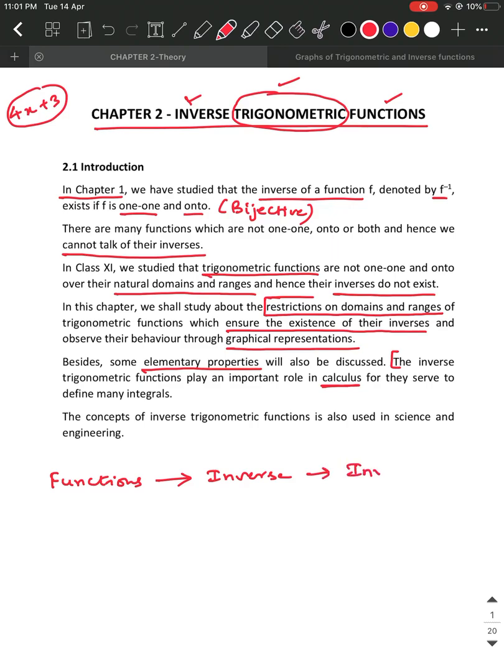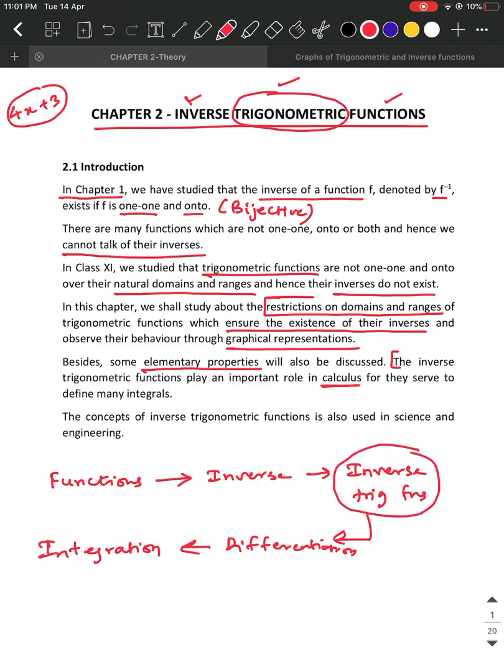In this chapter we concentrate upon inverse trigonometric functions. This helps us to understand differentiation, and after differentiation we do the integration. So this is how the topics get linked. So it is very important for us to understand the basics of inverse trigonometric functions before we proceed to calculus.